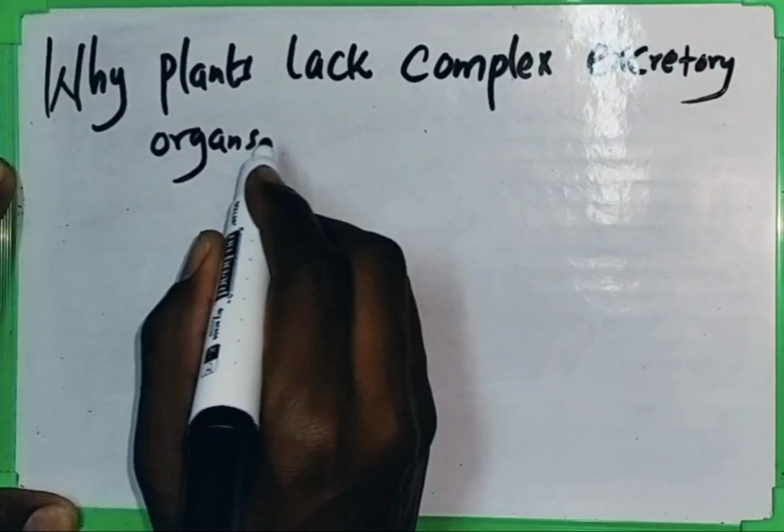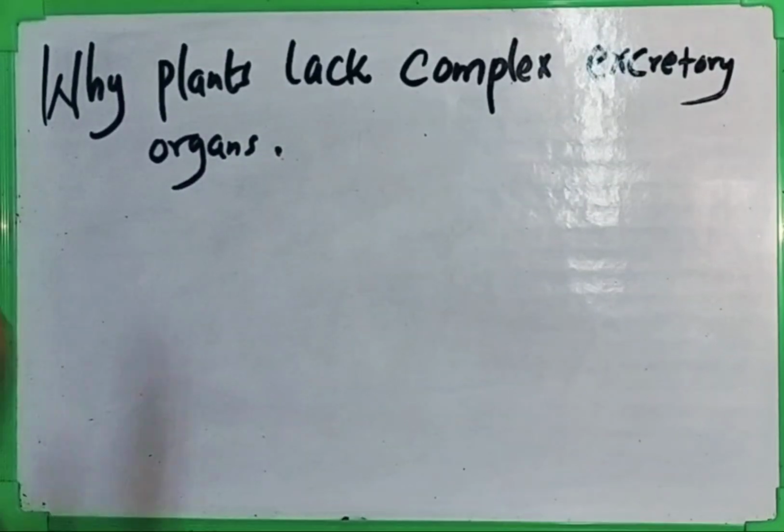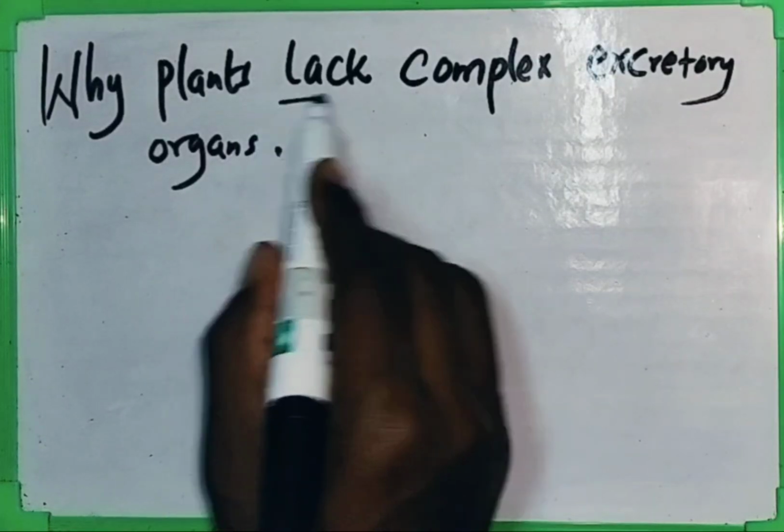In other words, we are saying plants have simple excretory systems or organs. We want to give reasons why plants have simple or lack complex excretory organs.